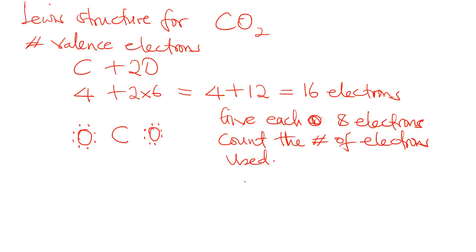The problem is carbon does not have an octet. Carbon needs 8 electrons to fill the octet, but here it has 2, 4. So what do we do? You have to give it 4 more electrons so that it has an octet.